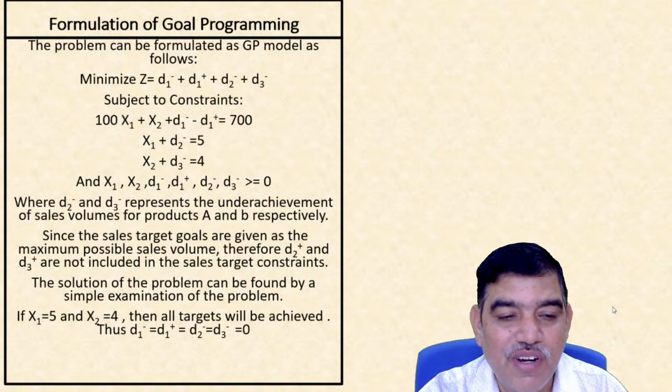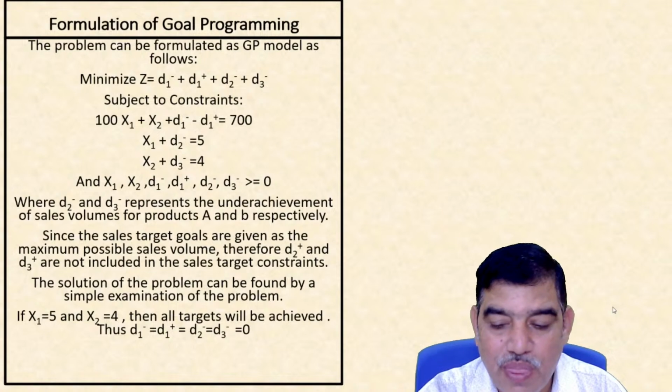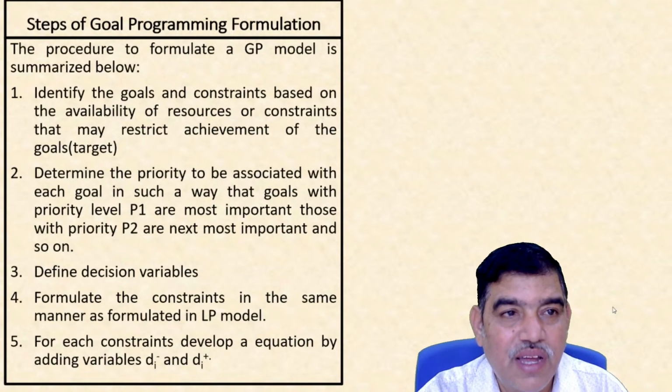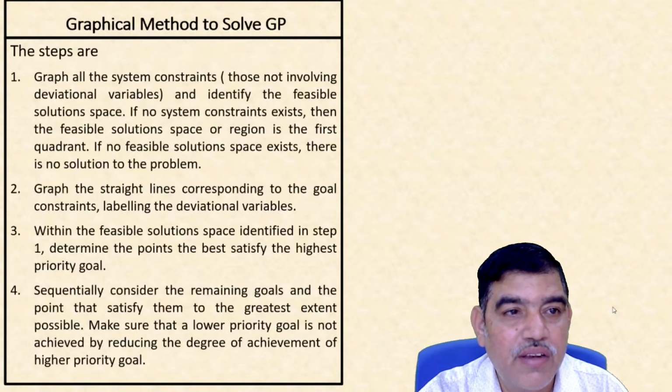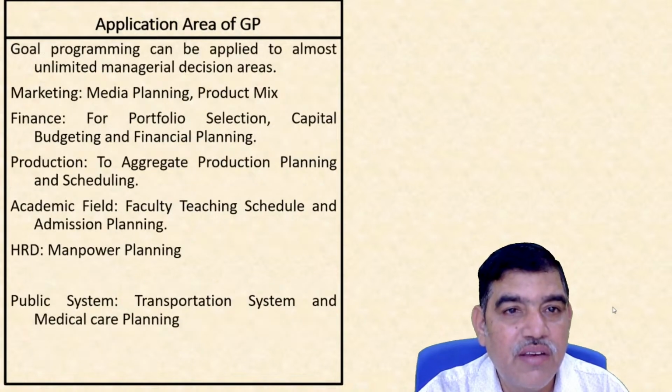If you plot these straight lines on graph paper using the graphical method, you can solve it very easily. We also learned the procedure to formulate the GP model. There are six steps. We also learned the graphical method to solve goal programming and the application areas of goal programming.